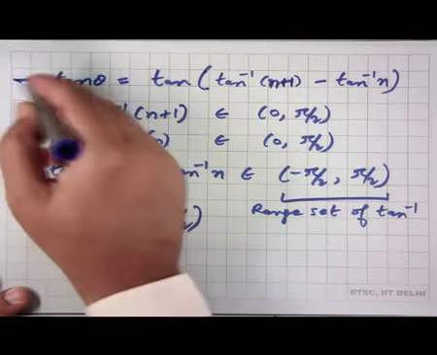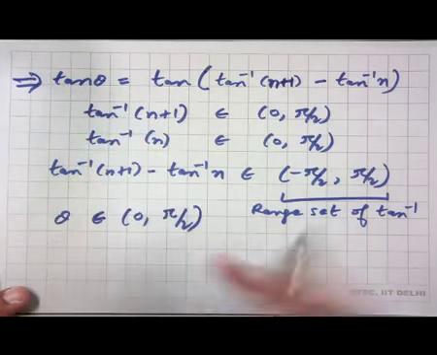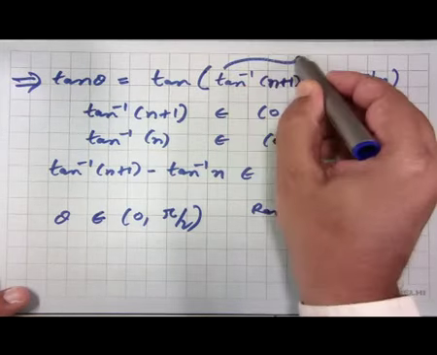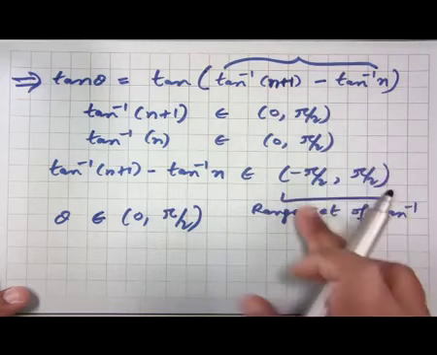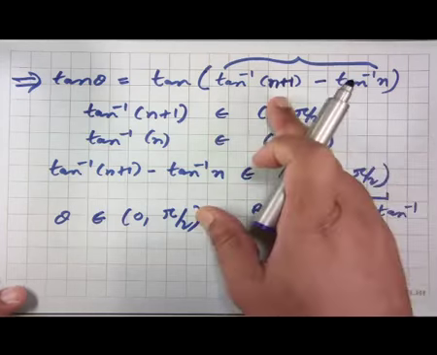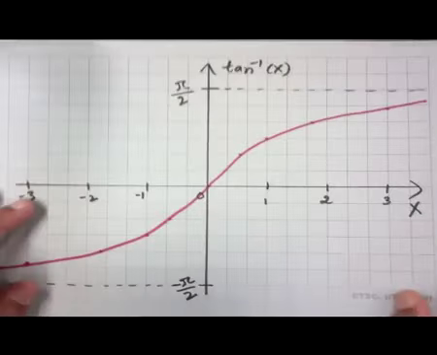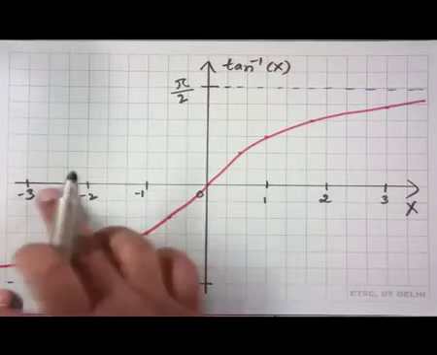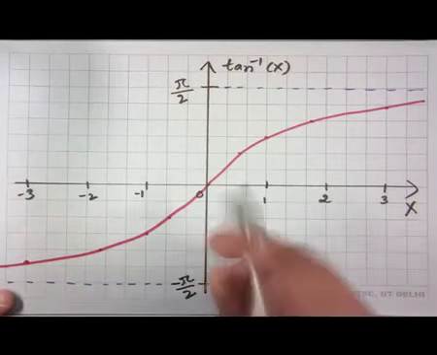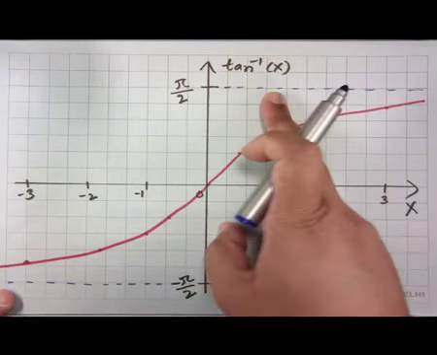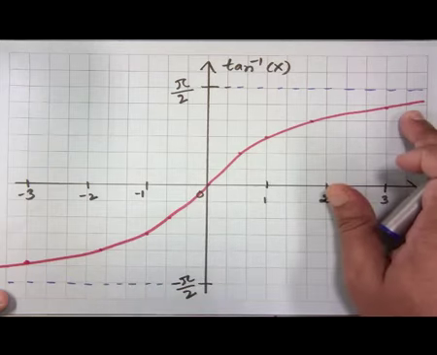So, let us focus on this equation now. Theta must belong to 0 to pi by 2, and additionally, we just showed that this difference angle also belongs to minus pi by 2 to plus pi by 2. If we remember the graph of the tan inverse function, with x on the horizontal axis and tan inverse x on the vertical axis, we can clearly see that the tan inverse function, plotted in red, is monotonically increasing.